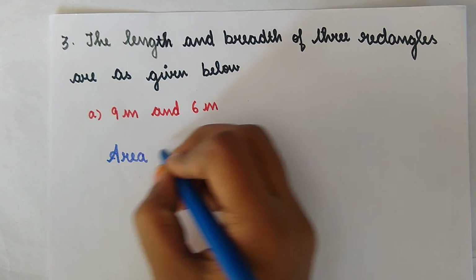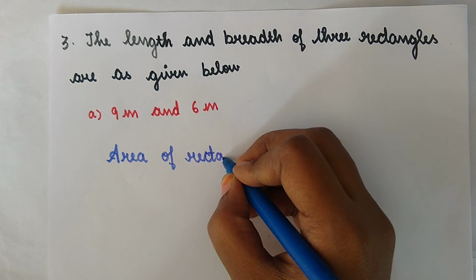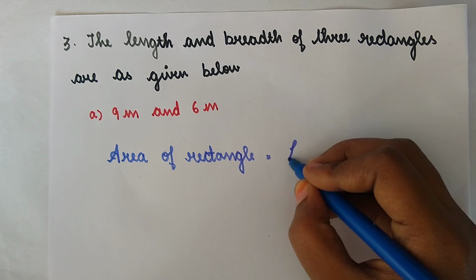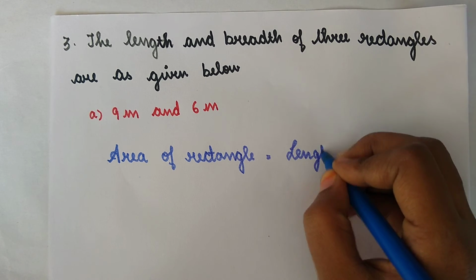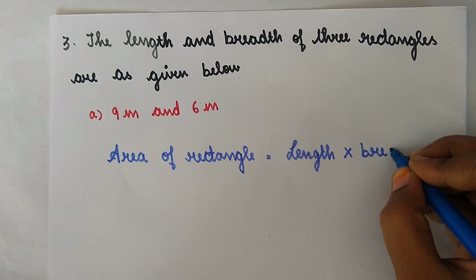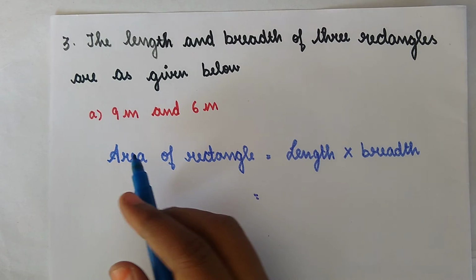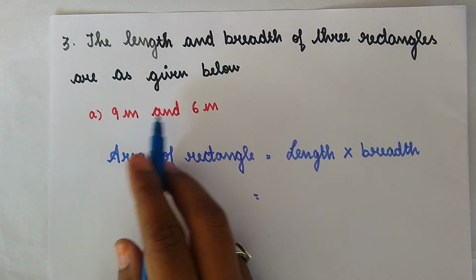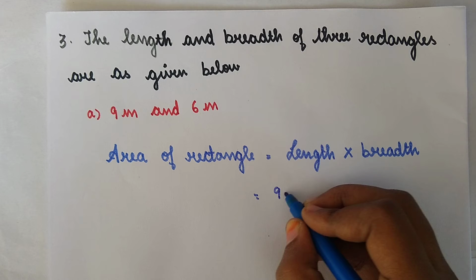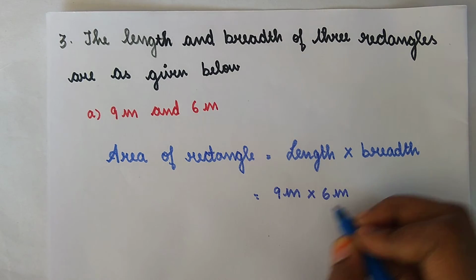First we write area of rectangle equals, what is the formula? Length into breadth. Here length is 9 meter and breadth is 6 meter.